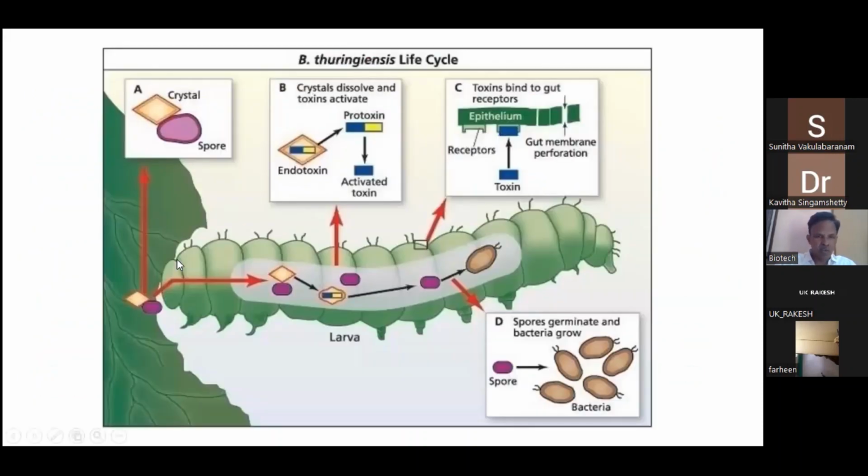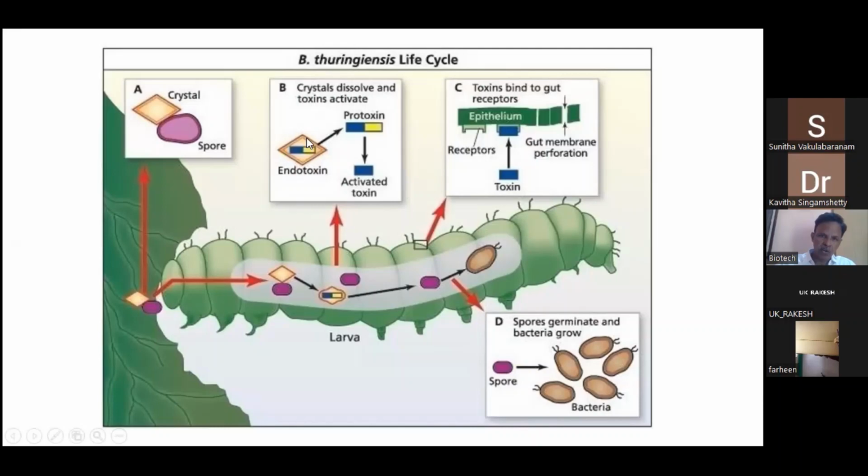Okay, see, I've told you that. See, this is the toxin, crystal protein. Crystal protein enters into the gut of the larva. In the gut of the larva, this will create a pore into the body of the insect, and the insect dies. Here is the receptor, here is the epithelium. So gut membrane perforation because of the crystal protein.